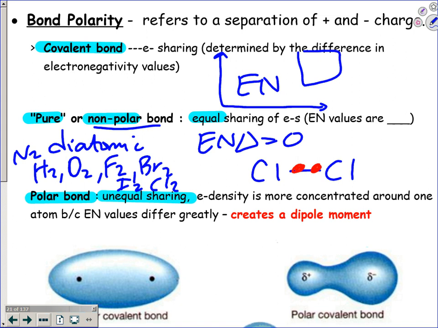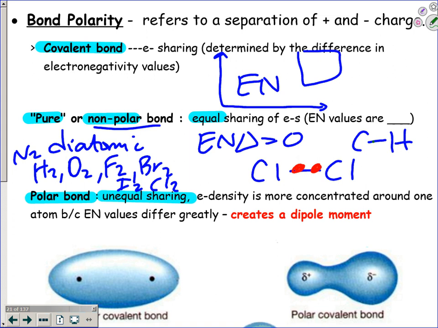There are going to be some things that are bonded that are still nonpolar, but they are not the diatomic species here. Like you could have carbon and hydrogen. Hydrogen's kind of weird with electronegativity because it doesn't always have a strong electronegativity. We know that because we form protons, right, H pluses.